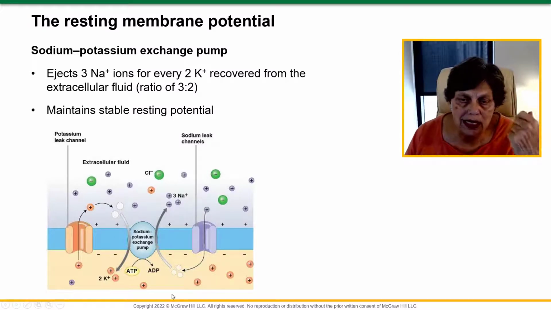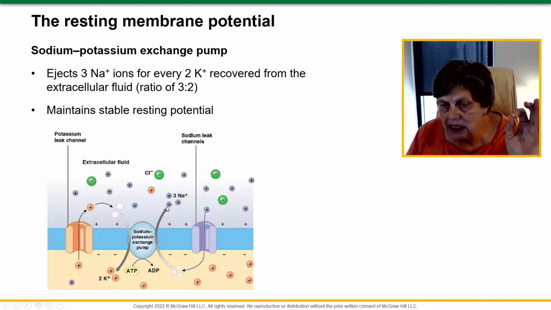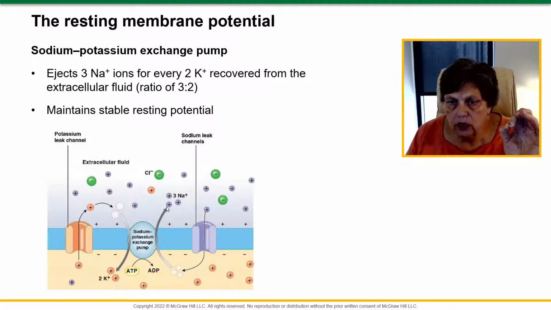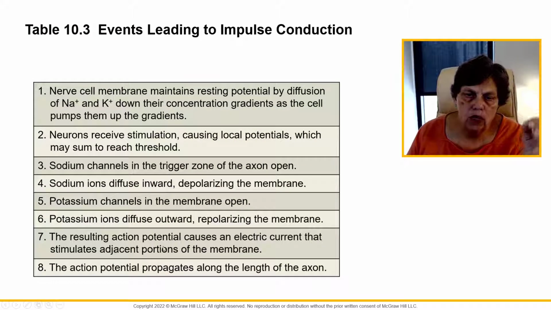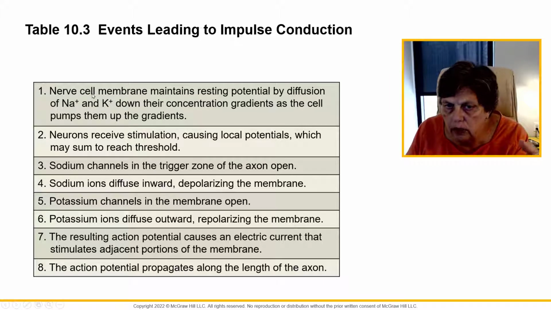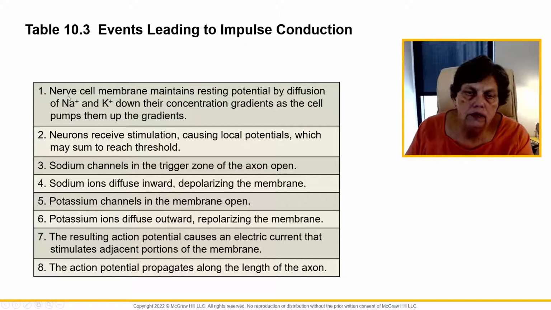And this does maintain a stable resting potential, but you're going against the concentration gradient, so you have to use ATP. You can go through that entire event and see what happens, but basically that membrane maintains a resting potential by diffusion of these down their concentration gradient.